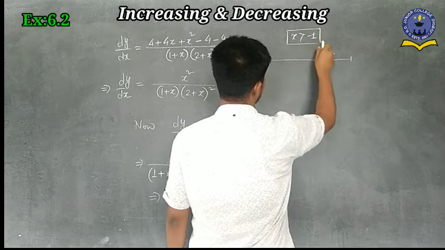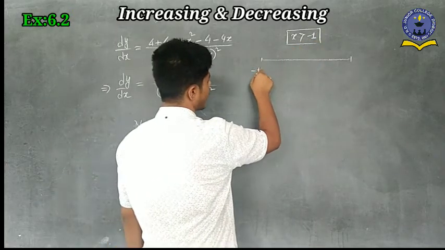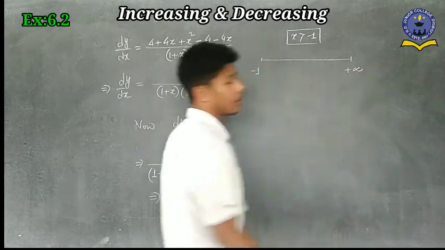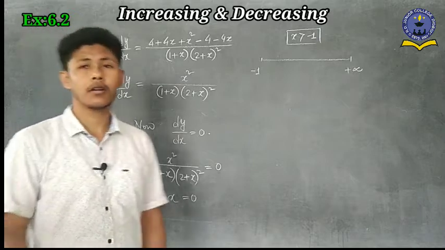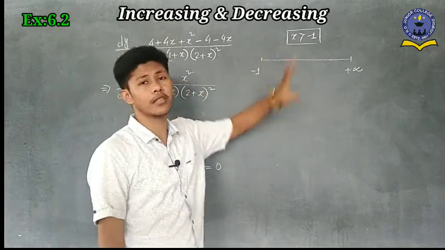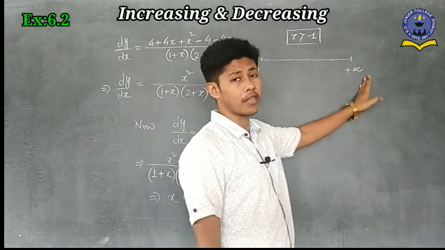This one is a condition given. So that means x greater than minus 1 means the interval is from minus 1 up to plus infinity. Here it is not minus infinity to plus infinity, because the condition is mentioned, x is greater than minus 1. So greater than minus 1 means up to plus infinity.